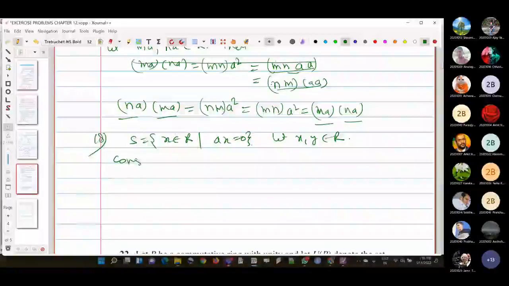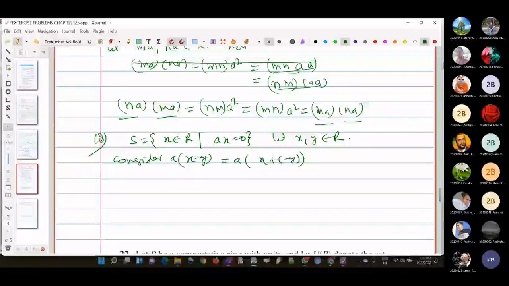So consider x minus y, and let us pre-multiply it by a. Because multiplication is distributive over addition, we can write a times x plus minus y, and therefore ax plus a times minus y.